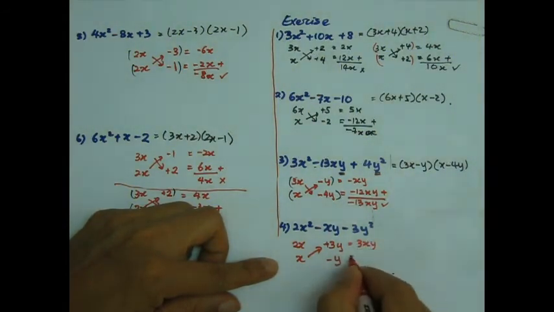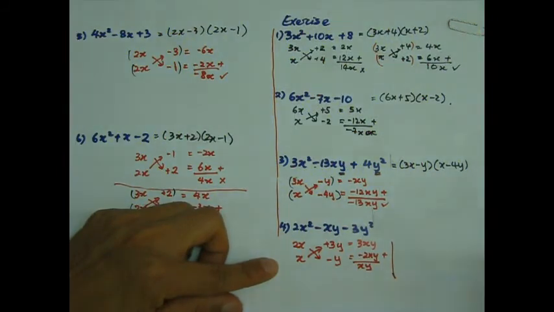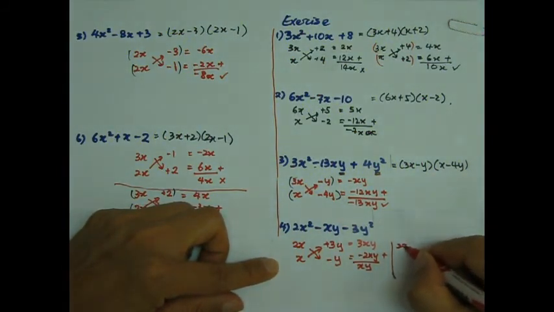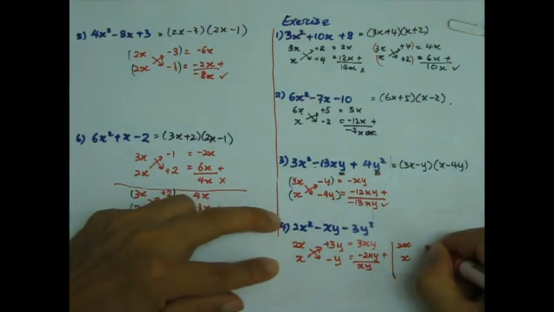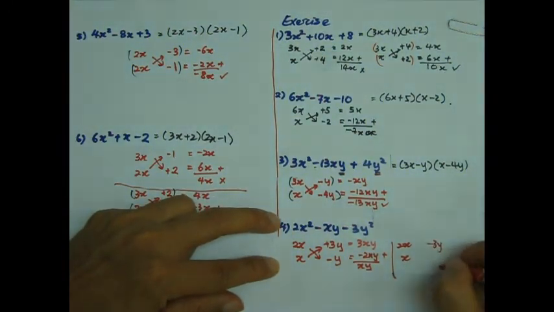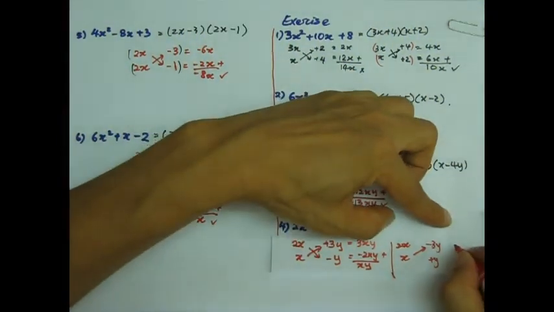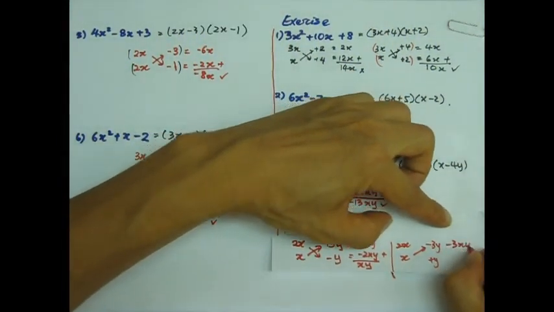3xy, that will give me minus 2xy, plus, almost, the answer is xy. It's not negative. I need a negative. So I can consider switching the signs for the 3y and y. So now minus 3y, and here is plus y. Cross multiply, that gives me minus 3xy.